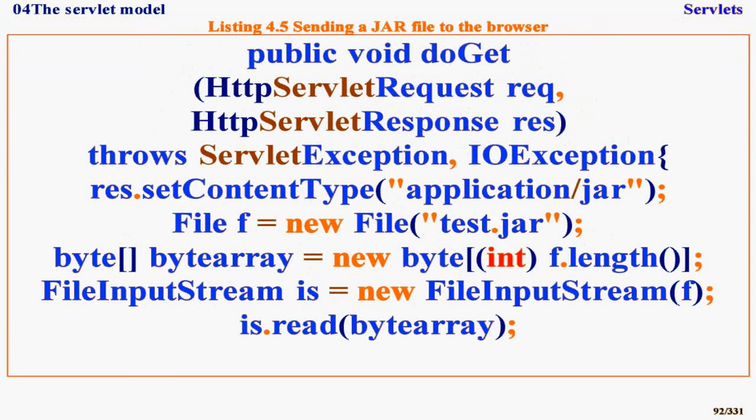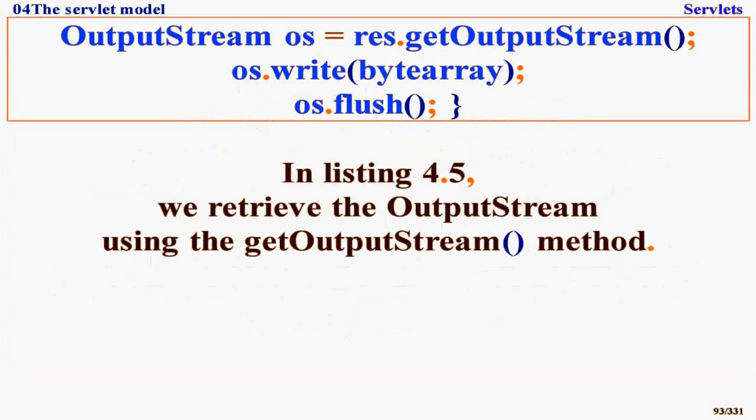public void doGet(HttpServletRequest req, HttpServletResponse res) throws ServletException, IOException { res.setContentType("application/jar"); File f = new File("test.jar"); byte[] barr = new byte[(int) f.length()]; FileInputStream is = new FileInputStream(f); is.read(barr); OutputStream os = res.getOutputStream(); os.write(barr); os.flush(); } In listing 4.5, we retrieve the output stream using the getOutputStream method.